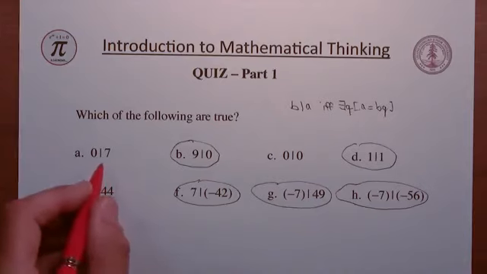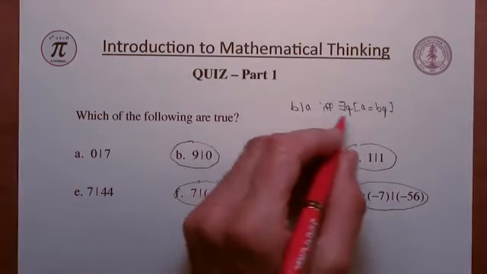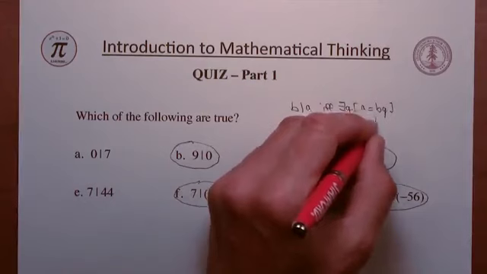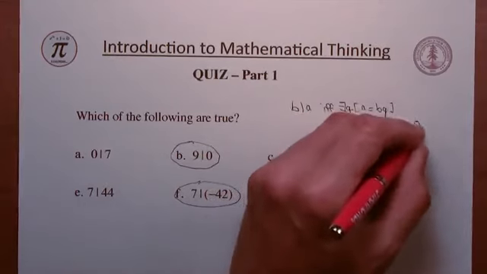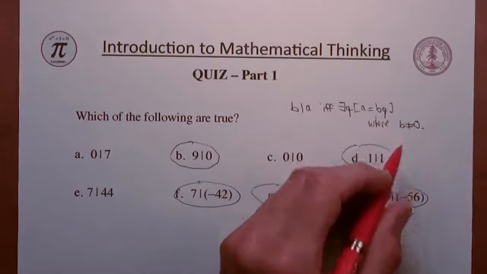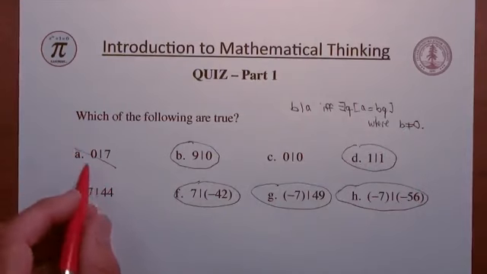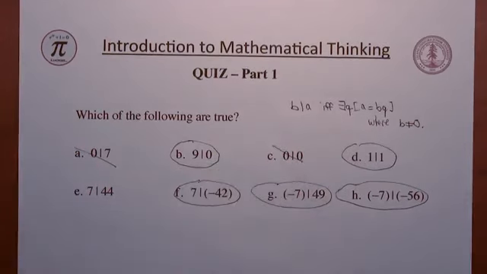Why don't I have A? Well, remember, the whole definition of divisibility was under the assumption that B is non-zero. We can't consider divisibility by a zero number. So that one doesn't work. And likewise, that one doesn't work.